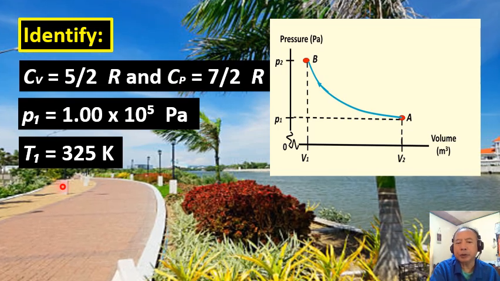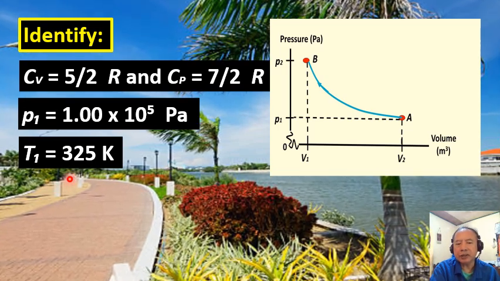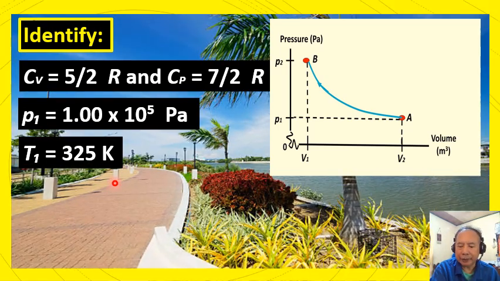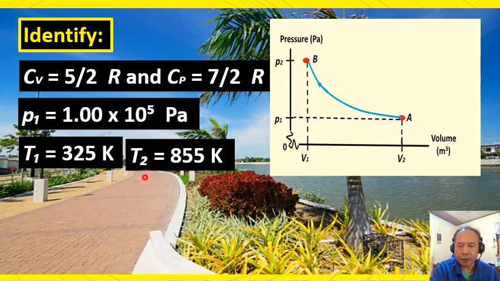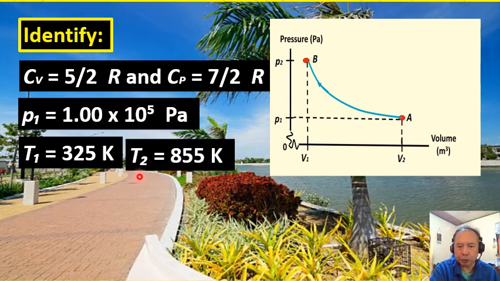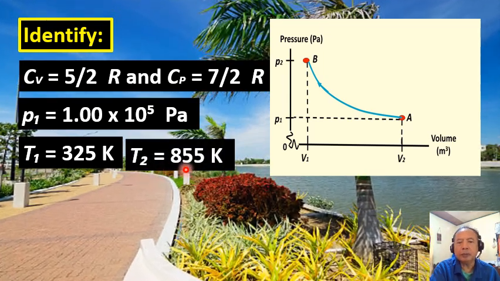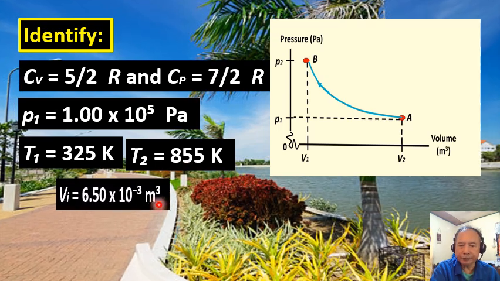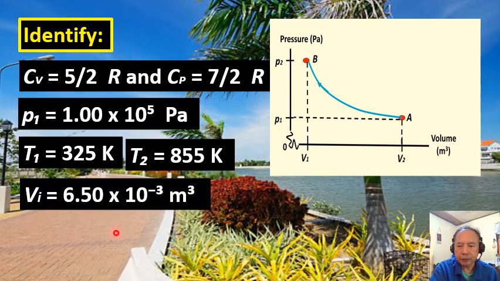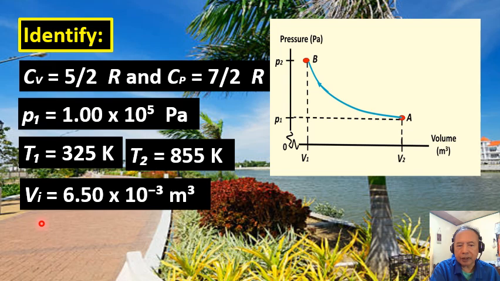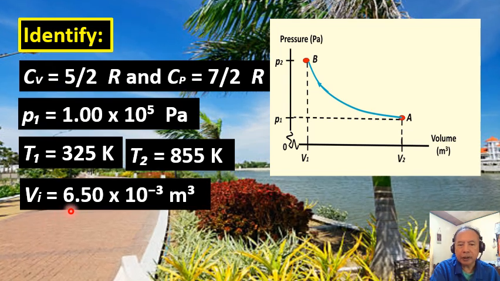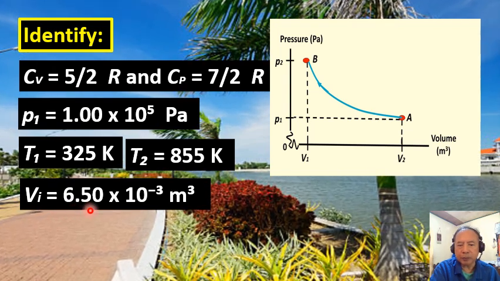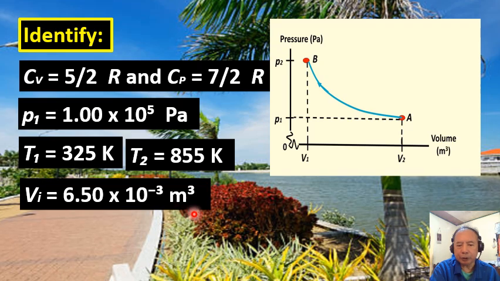The initial temperature T sub 1 is 325 Kelvin, and the final temperature T sub 2 equals 855 Kelvin. The initial volume V sub 1 is equal to 6.50 × 10^-3 cubic meters.